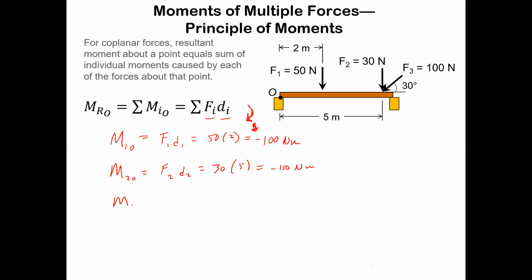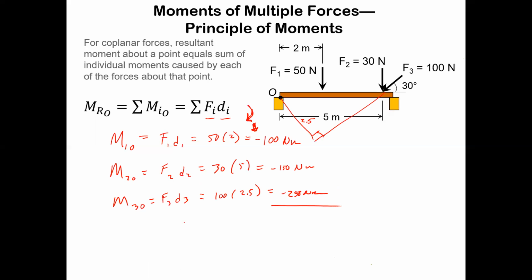And M3O, well, we already sort of looked at that. That's going to be F3 times D3. But again, D3 is that distance here, which is 2.5. So that's going to be 100 times 2.5, minus 250 Newton meters.